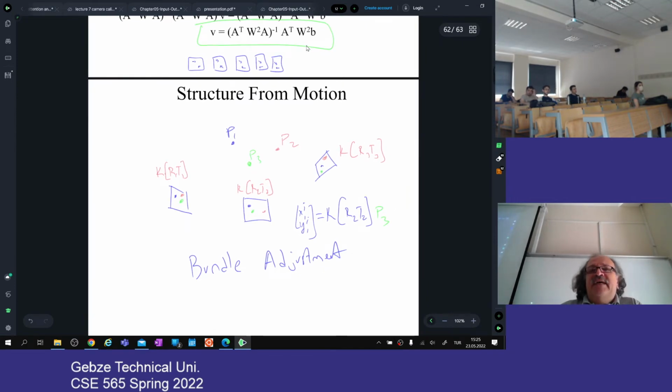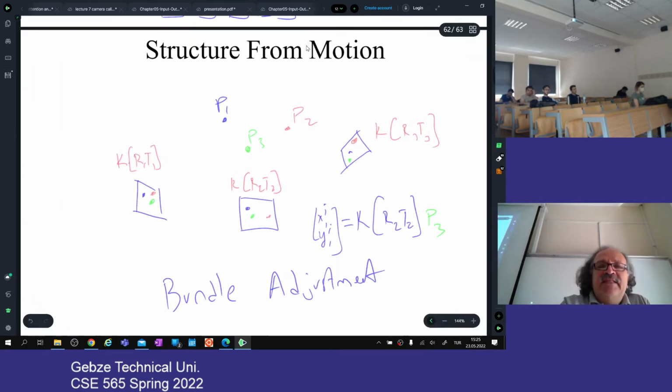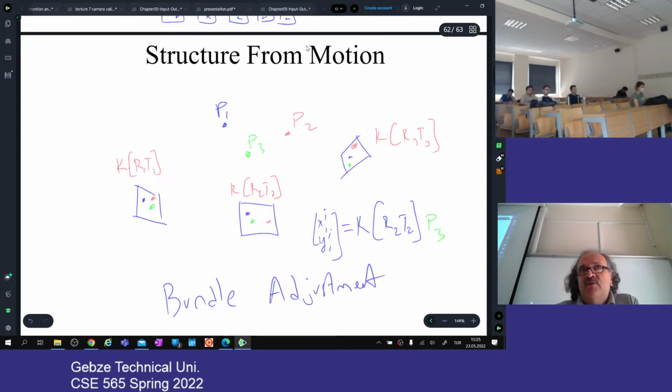But the thing is, how do we get these initial R, T, and P values? Because these numerical methods don't easily converge to the final results. You need to start from a very good case.